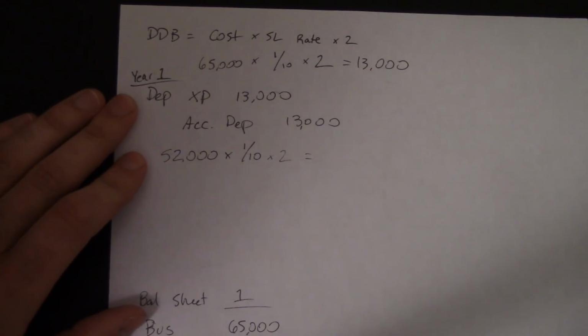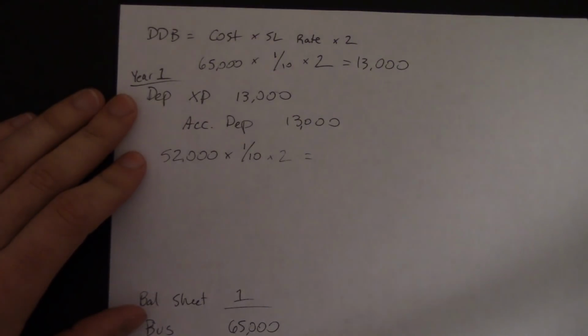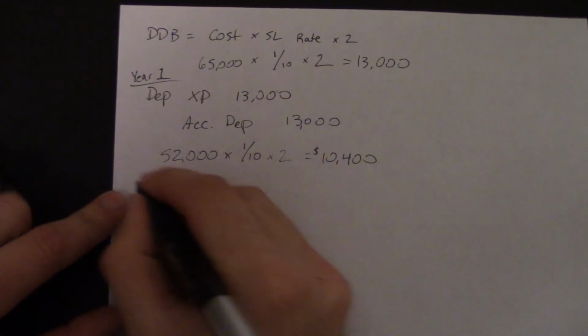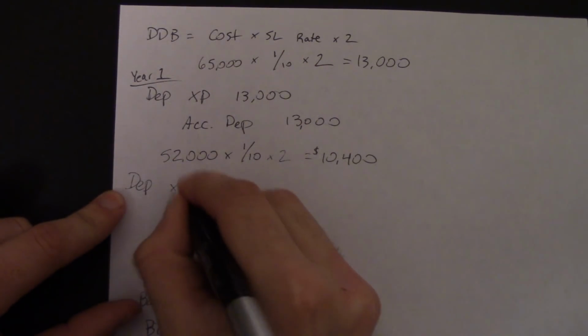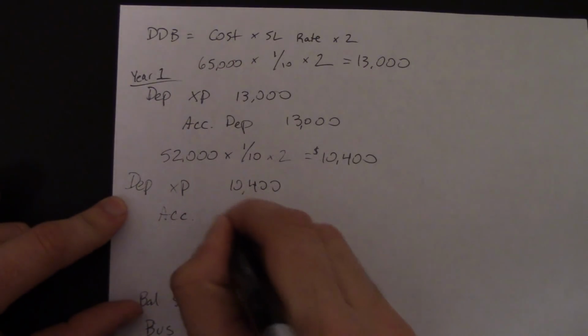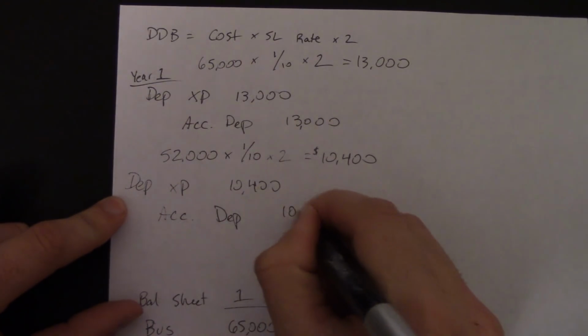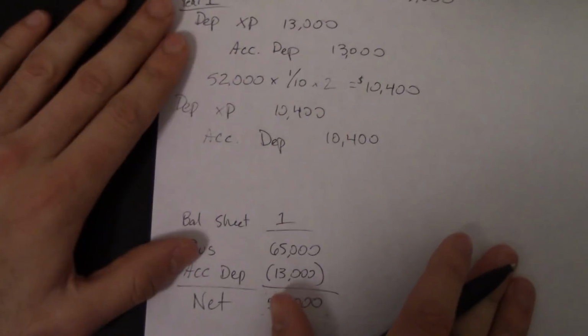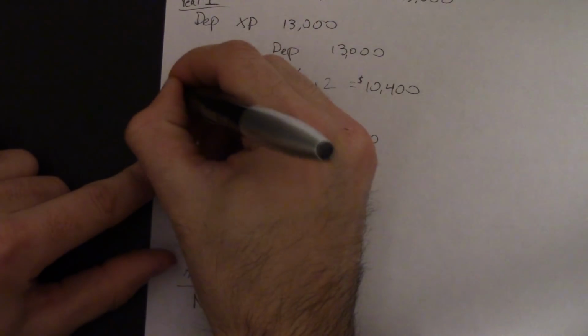And that gives us $10,400. So there we go. There's our depreciation expense, $10,400. And our accumulated depreciation of $10,400. That's the journal entry in year 2.